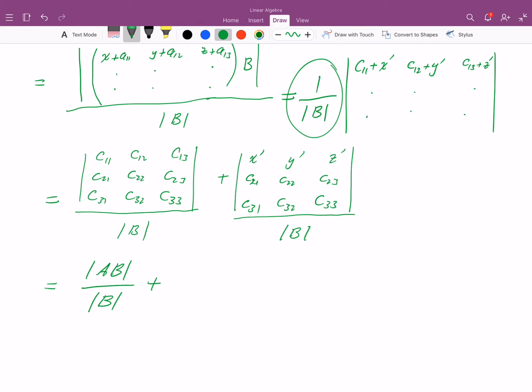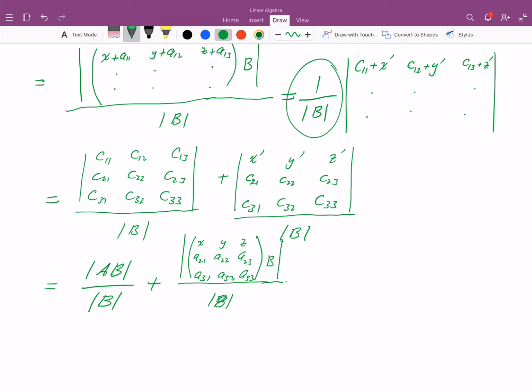Plus, now what is this? Well, that X prime, Y prime, and Z prime, who's responsible for that? Well, that comes from replacing the first row of A with X, Y, Z. This is A21, A22, A23, A31, A32, A33 times B. Okay?